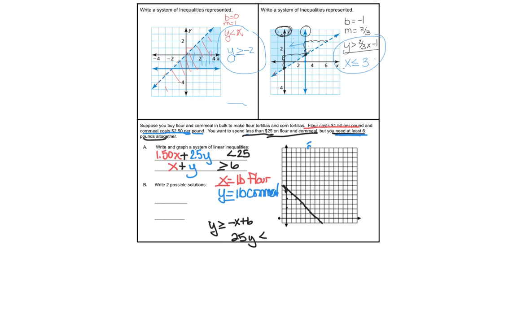All right, now for the other inequality, 2.5y is less than negative 1.5x plus 25. We're going to divide everything by 2.5. So y is less than 1.5 divided by 2.5.